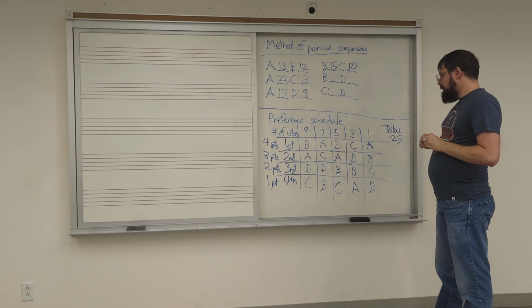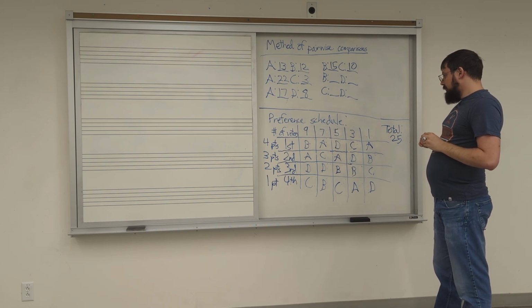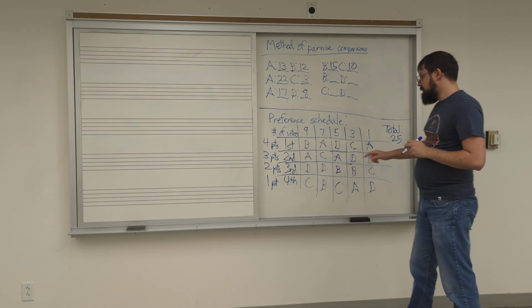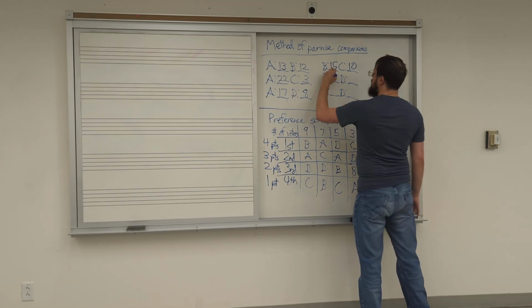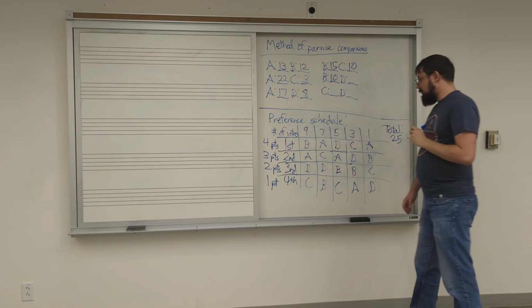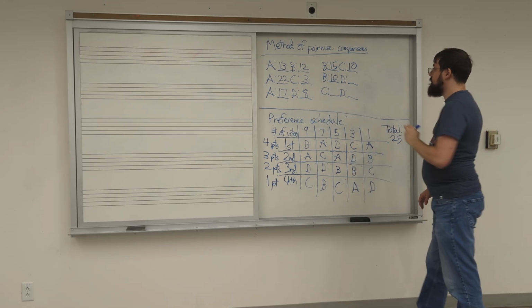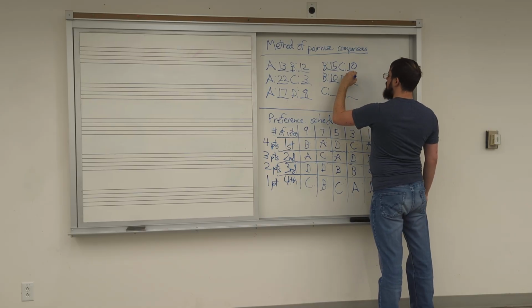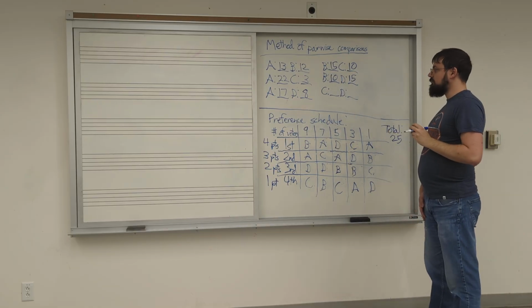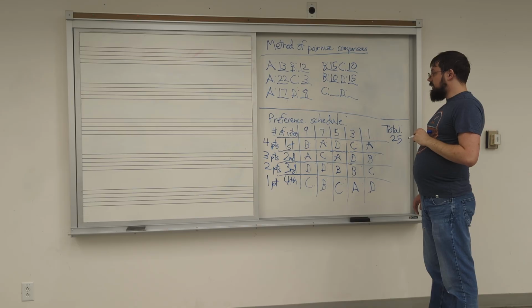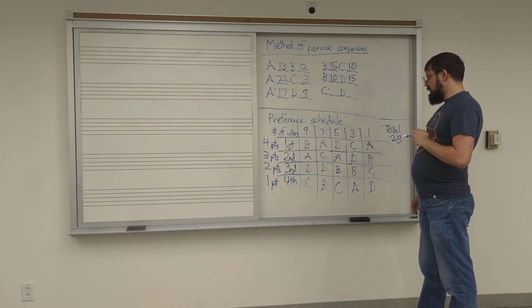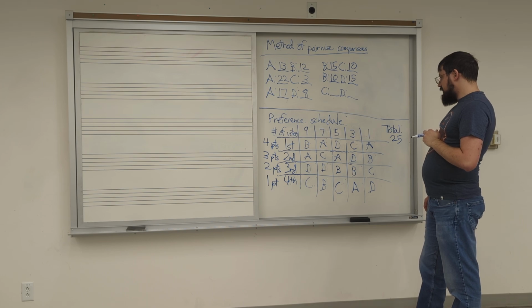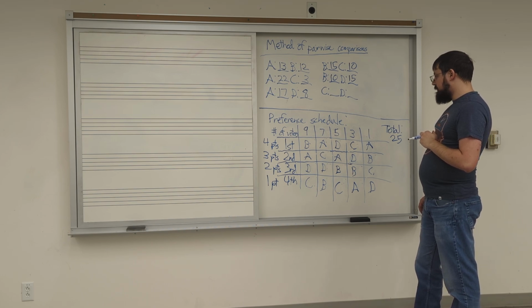B over D, we have 2 columns where B is ranked higher than D. So this column and this column, which total 10 votes. And then in our remaining 3 columns totaling 15 votes, D is ranked above B. And then finally, we have C versus D. So in this case, C is ranked higher in 3 out of our 5 columns.